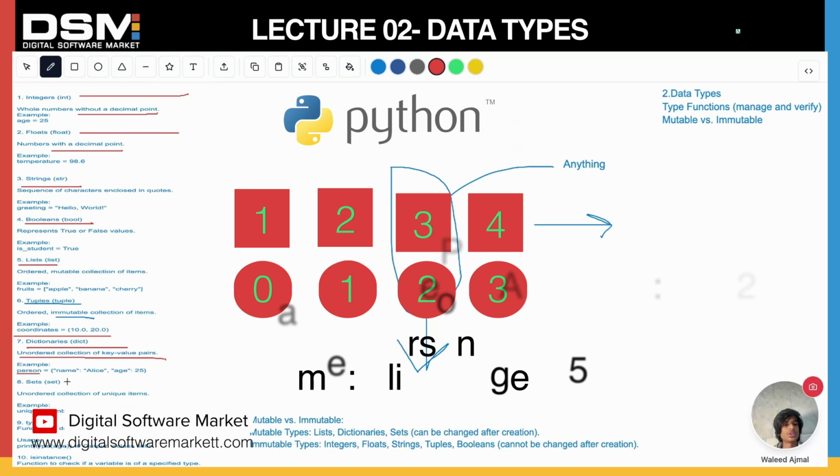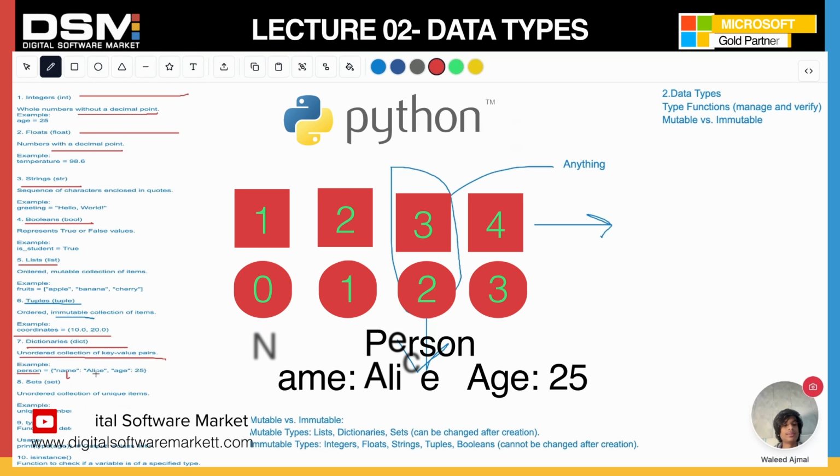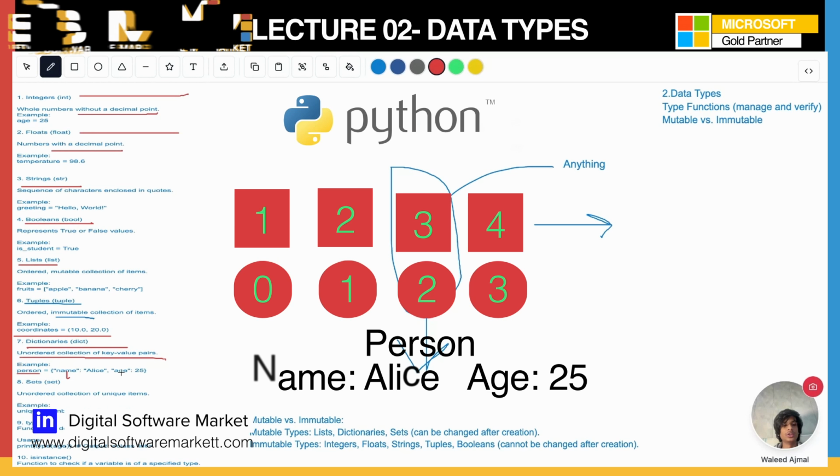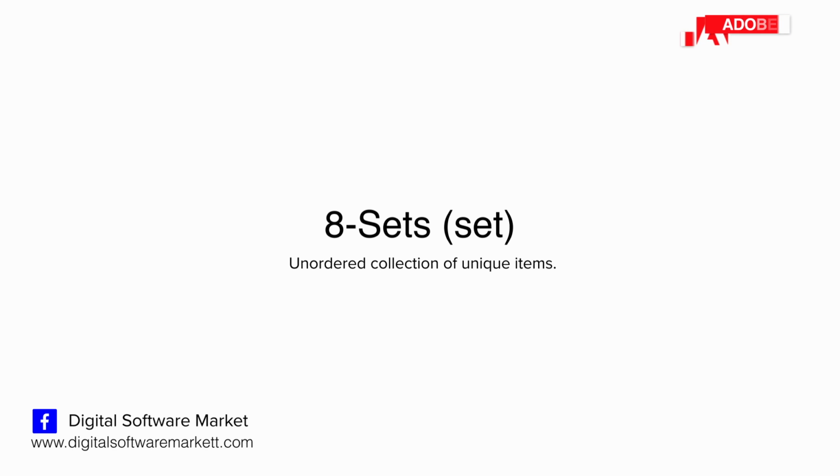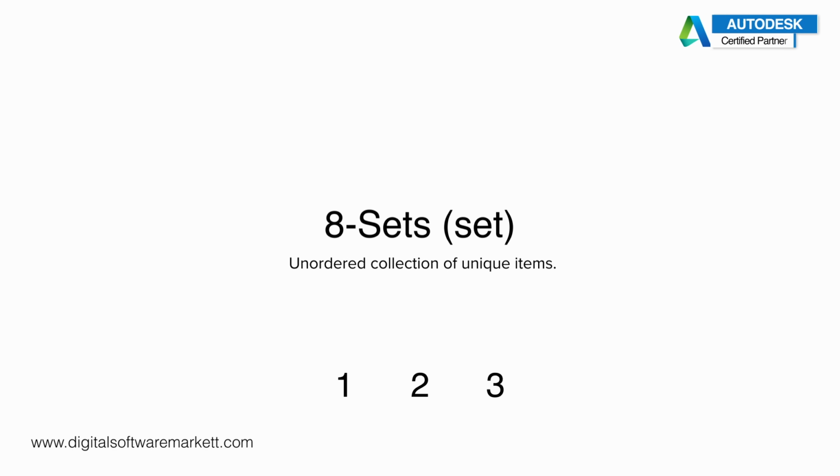So you say person and you have one characteristic, the name, and then you have the age directly saved inside of one person, and then you could call that particular value to check a person's name or age directly through only one variable. Then we would have sets, which is an unordered collection of unique items, right? The unique numbers 1, 2, 3, 4, 5. These are unordered. They can be 5, 4, 3, they can be 5, 4, 2, 1. They're unordered, right? Now we have the function type.